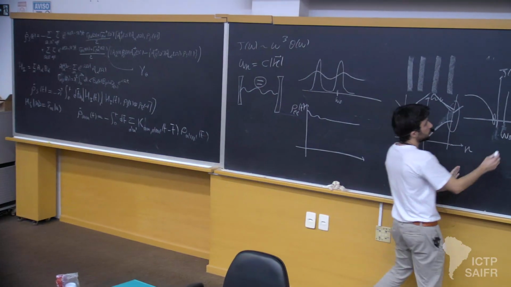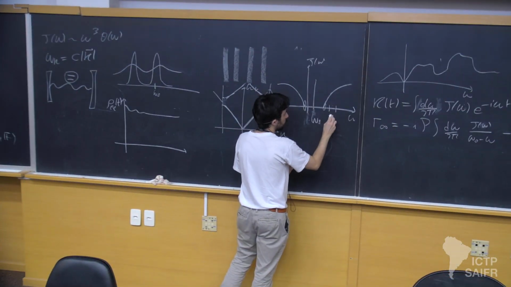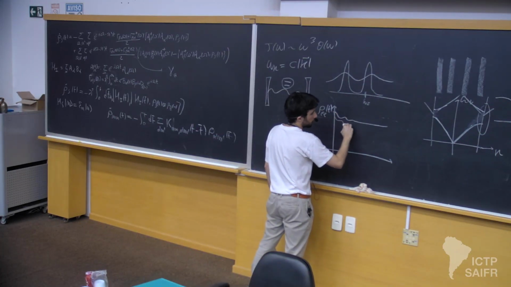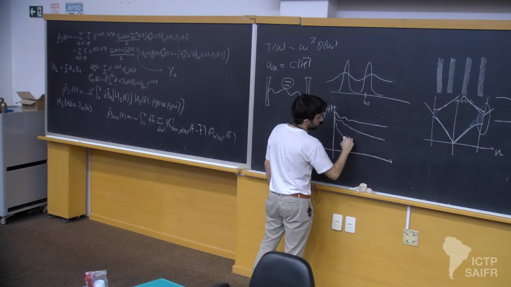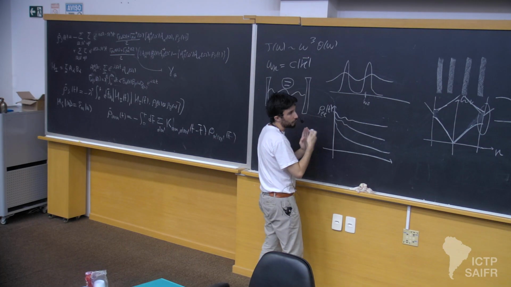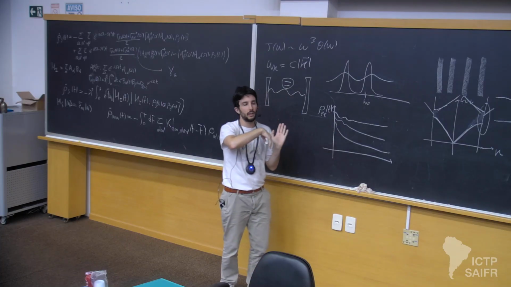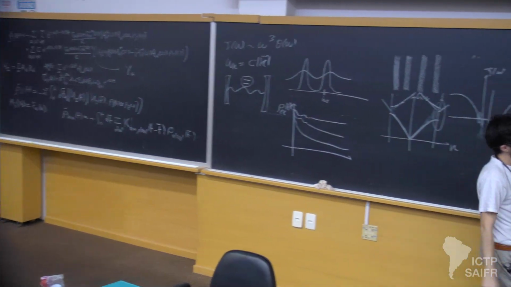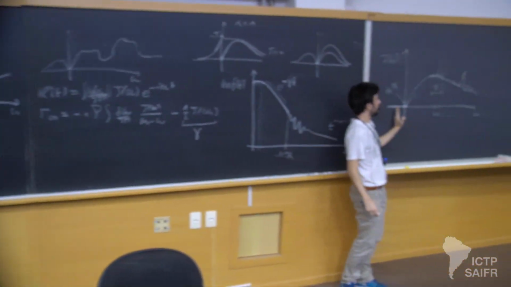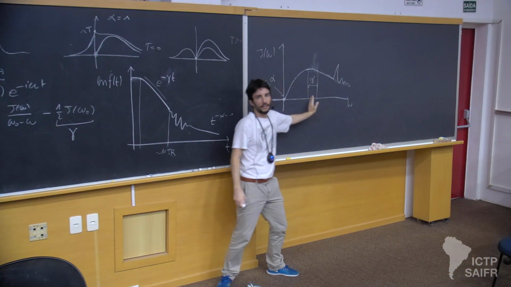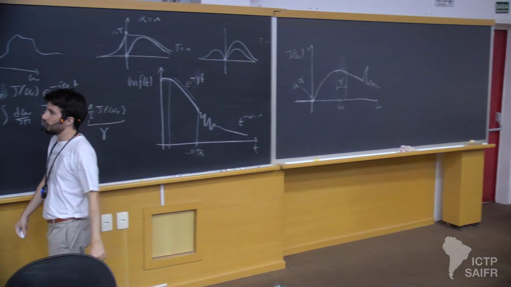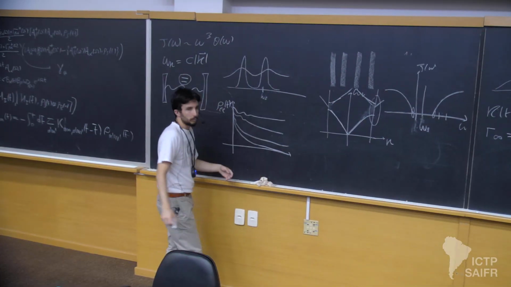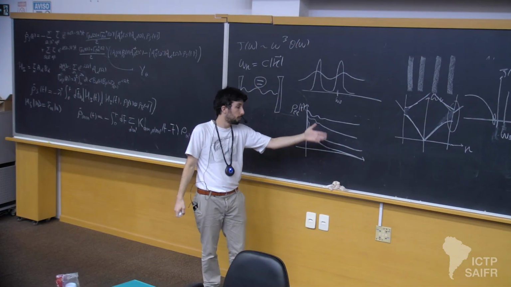When you start moving the atom inside of the band, then this curve will start to go down and relax. And if you go deep enough, then the system will not see the band edge anymore. So this is the band edge. If you go far enough like this, you will not see the edge anymore, and the decay is going to become mostly exponential again.